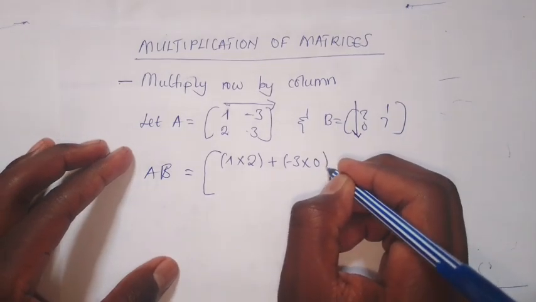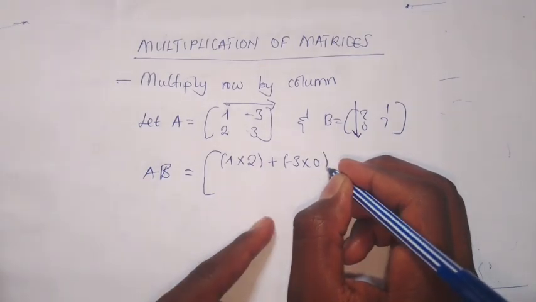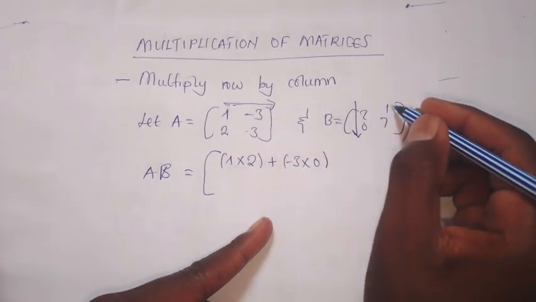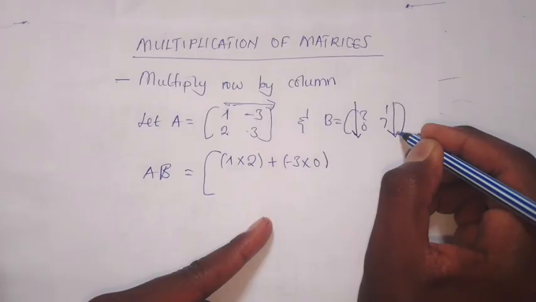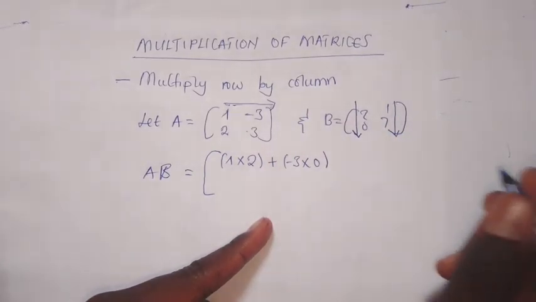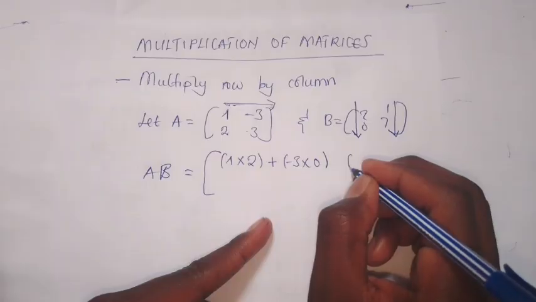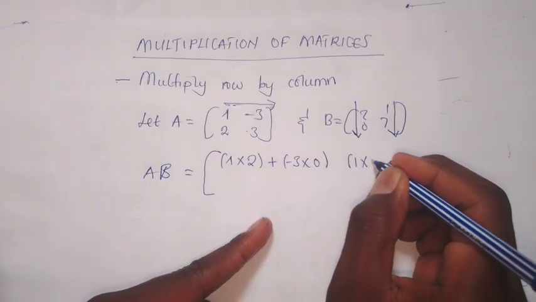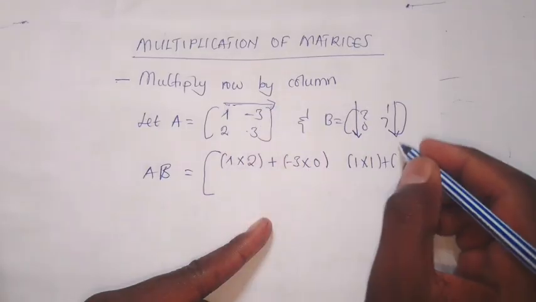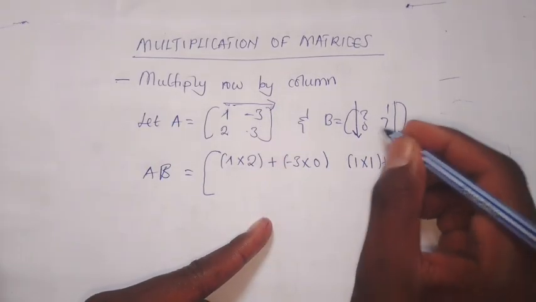Again, this same row by this second column. You leave the space, then you say 1 times 1 plus -3 times this 7 here.